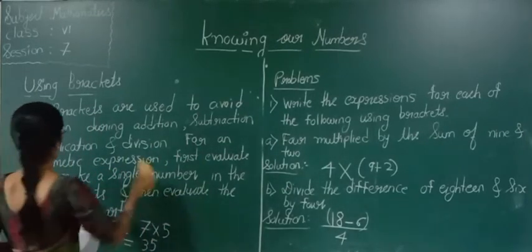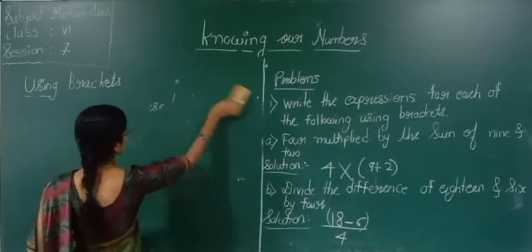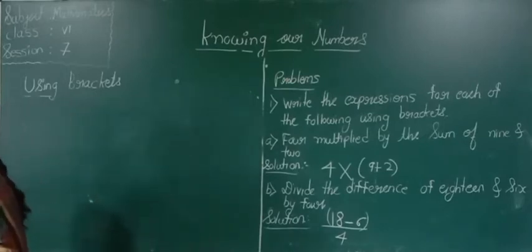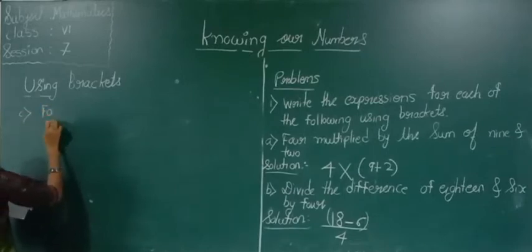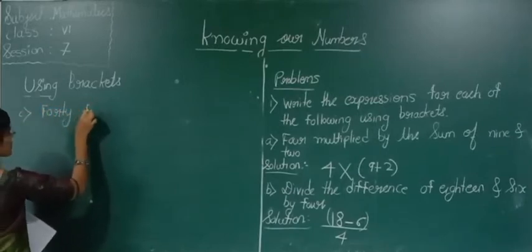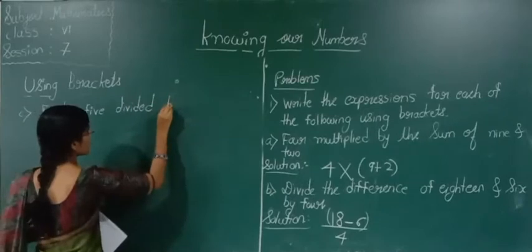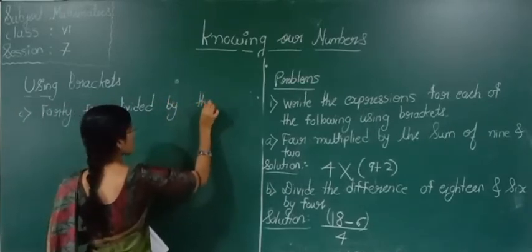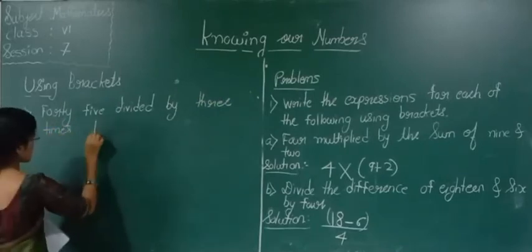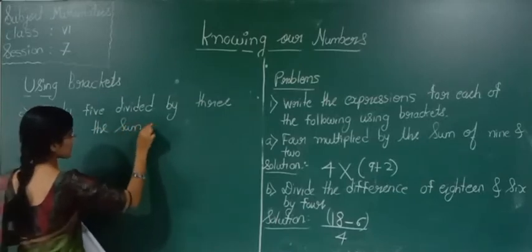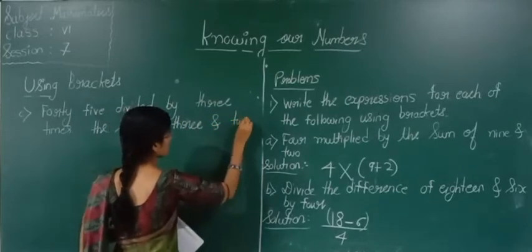See, a third one we will see now. C: 45 divided by 3 times the sum of 3 and 2.